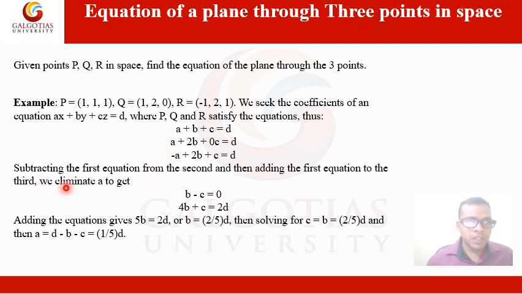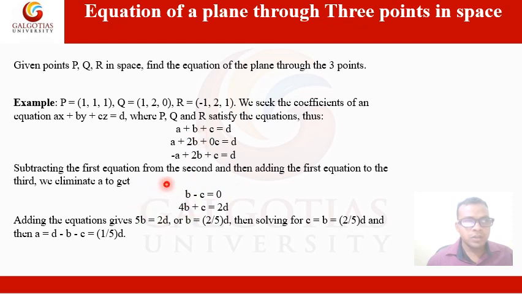Subtracting the first equation from the second and then adding the first equation to the third to eliminate a, we get some equations. You have to solve all three equations simultaneously so that you can obtain the values of a, b, c and d.